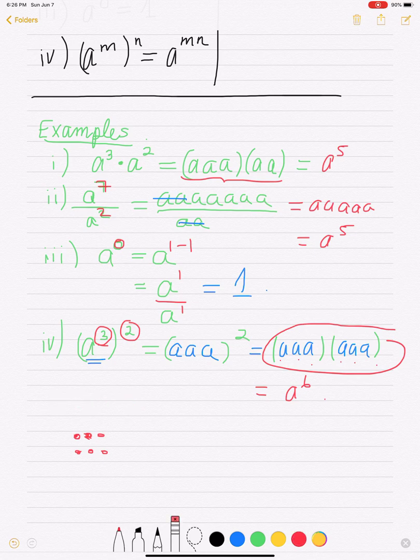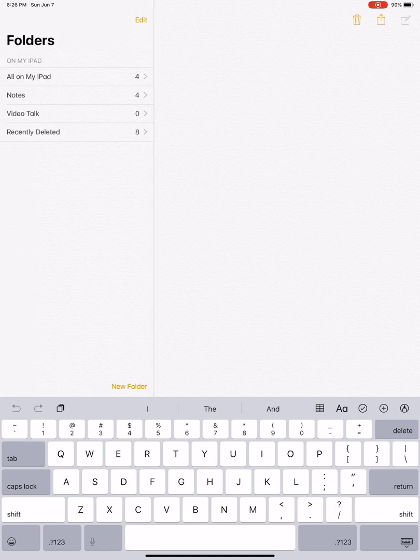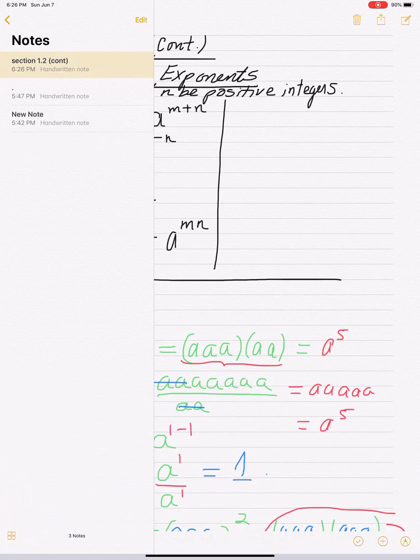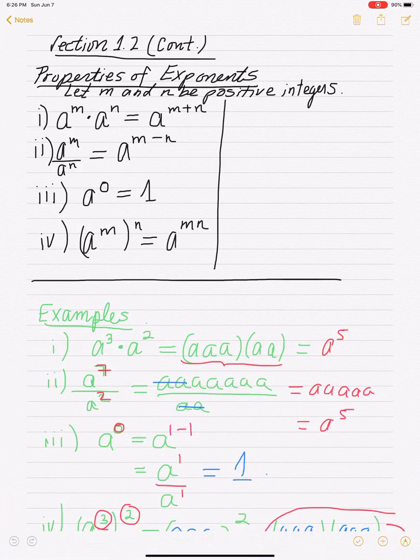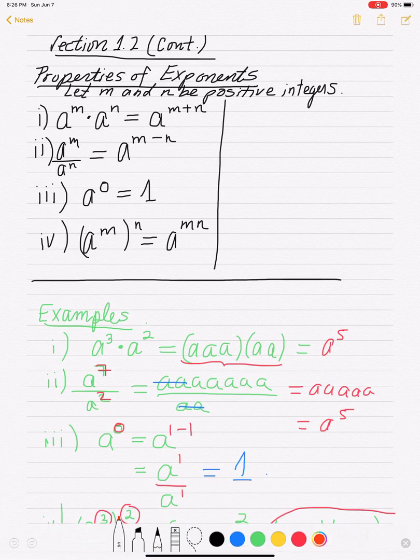Property number 4. All right, let's do number 5.